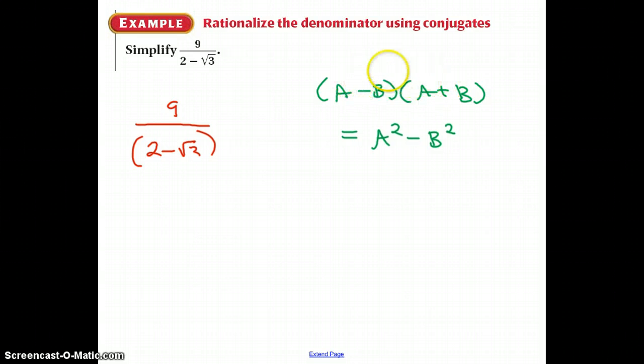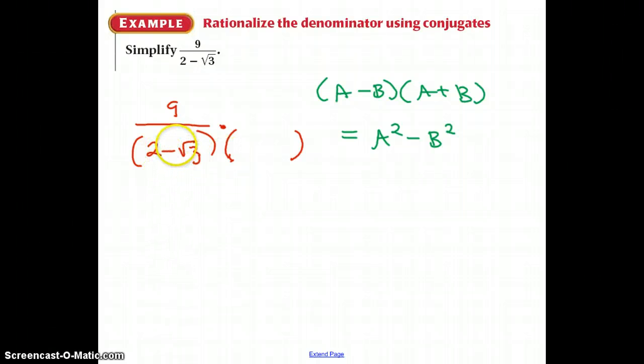So these are called conjugates, where it's the same numbers, but one factor has a negative and one factor has a positive. And when we multiply them together, we're going to square the first term and square the second term. So that's what we're going to use here, because what's going to happen is we're going to get rid of our radicals, and they're going to completely go away from the denominator. They're not going to just move over.